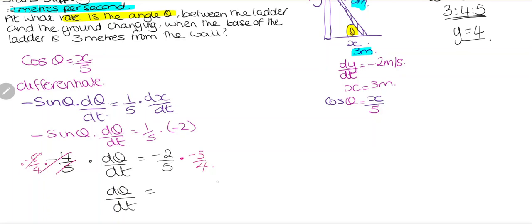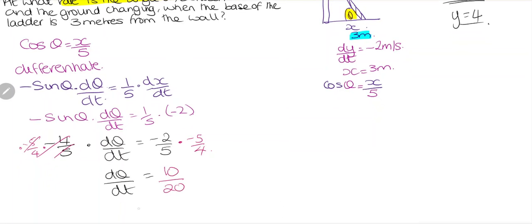And then we'll have 10 divided by 20. So our rate of change of our angle is going to be 0.5 or a half. So this is going to be in radians per second.